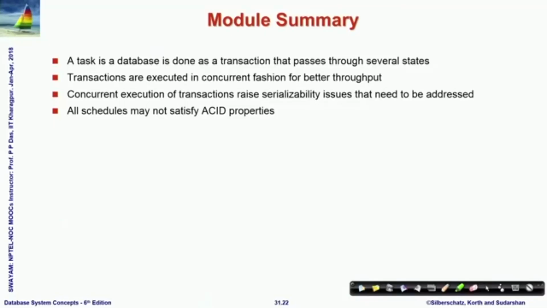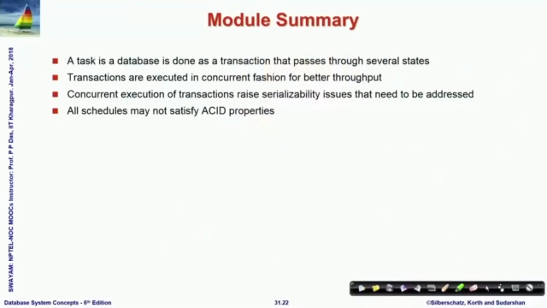And when the transactions are executed in concurrent fashion, we improve the throughput, but the concurrent execution of transactions raises issues of serializability, that is, the interleaved schedule of instructions of two or more transactions can give rise to effects which violate the ACID properties, and those need to be addressed. An inconsistent database is certainly never acceptable, and so that is the basic problem that we have identified, which we will have to address in the coming modules.